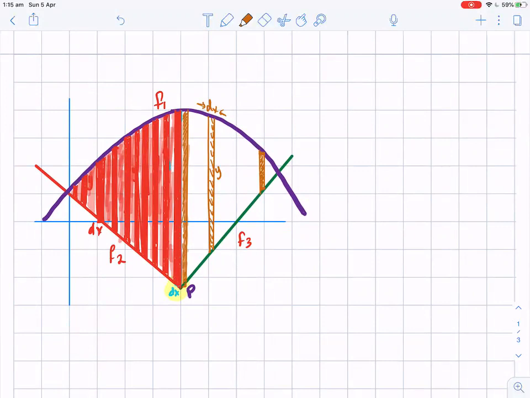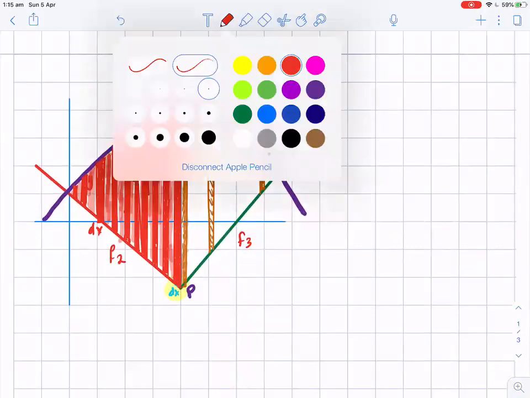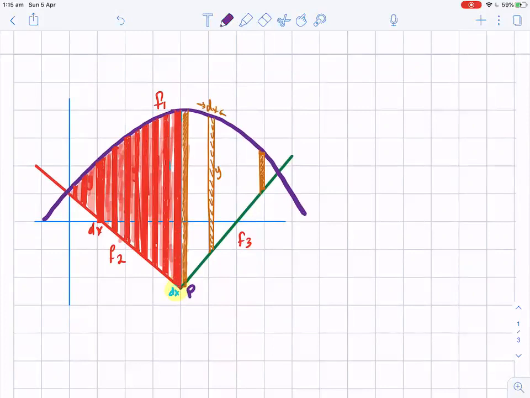We need to find the area between the curve and these two lines. This is the point where they meet, which I'm going to call B instead of P. So this is B, this point here is A, and this point here is C. We want to find the shaded area, which means all this red area and the other half of it, which is the brown area. I'm going to shade it now.